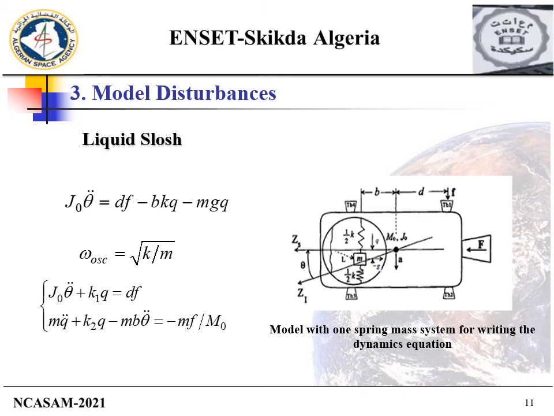Finally, the dynamic equation of motion about the center of mass can be written as the first equation. The second equation represents the result of the non-linear acceleration of the mass. The simplified mathematical model of the sloshing mode is described in the third equation.